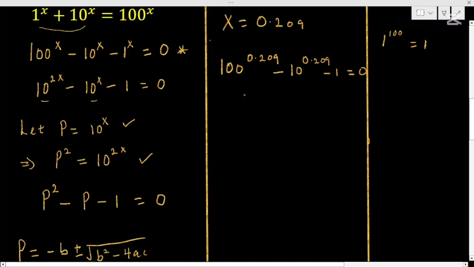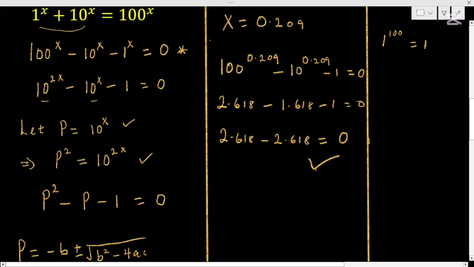Will it give us 0? When we evaluate this, it's going to give us 2.618, minus, when we evaluate this, 1.618, minus 1 equals 0. You can see here we have 2.618 minus 1.618 minus 1, which gives us 0, which is correct.